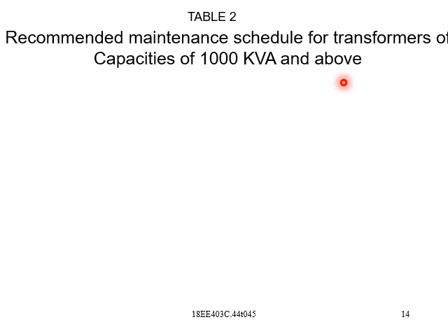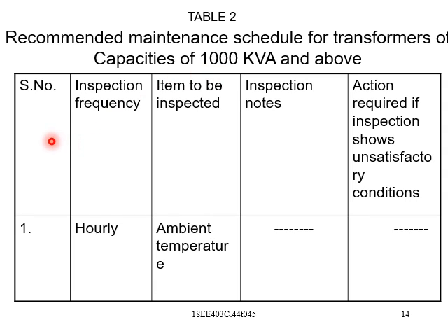In the previous table we saw the recommended maintenance schedule for transformers below 1000 kVA, and now we are seeing the maintenance schedule for 1000 kVA and above. The same columns: serial number, inspection frequency, item to be inspected, inspection notes, and action required if inspection shows unsatisfactory condition.